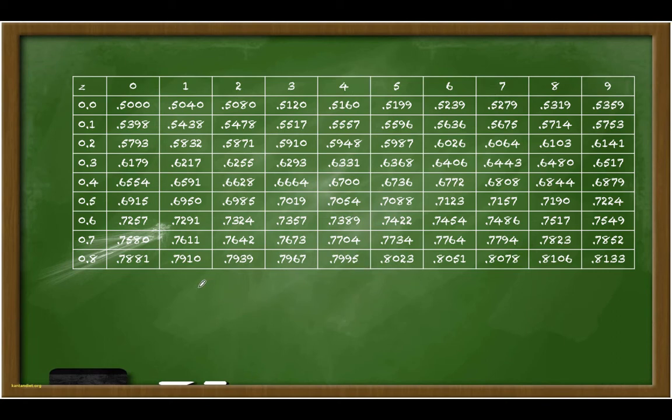Suppose you want to find the probability that z is greater than 0.6. For 0.60, the value is 0.7257, but this table always shows the cumulative probability of less than or equal to. So to find the probability that z is greater than 0.6, we can use a property of any probability distribution: the probability that x is greater than a is 1 minus the probability that x is less than or equal to a.